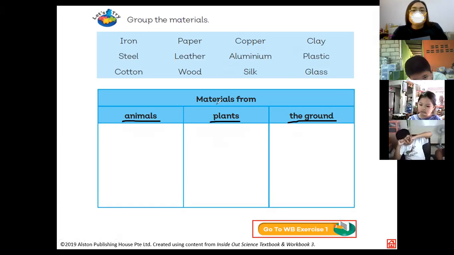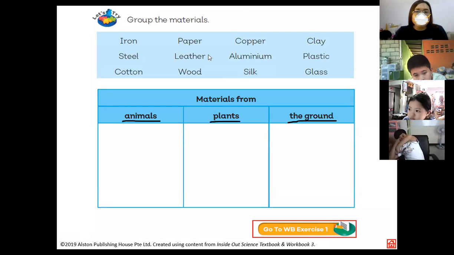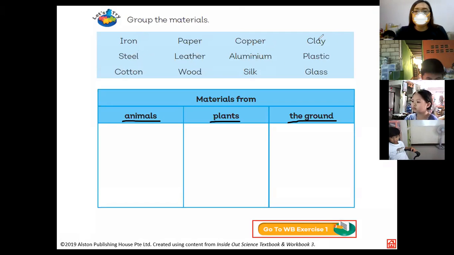So let's try to group the following materials above: iron, steel, cotton, paper, leather, wood, copper, aluminum, silk, clay, plastic, and glass.